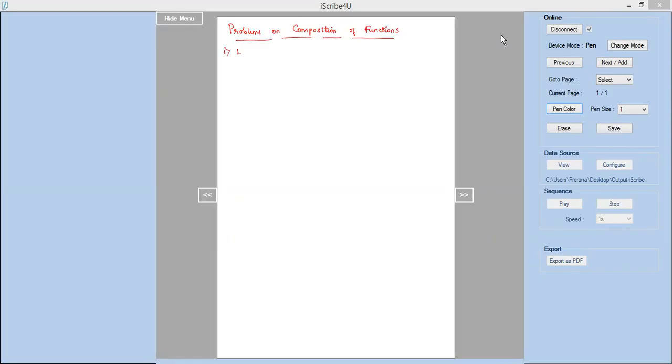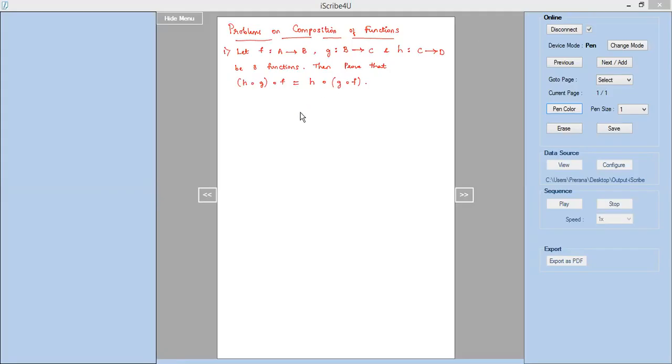First question, let f be a function from A to B, g be another function from B to C, and h be another function from C to D, be three functions, then prove that (h composition g) composition f is equal to h composition (g composition f).